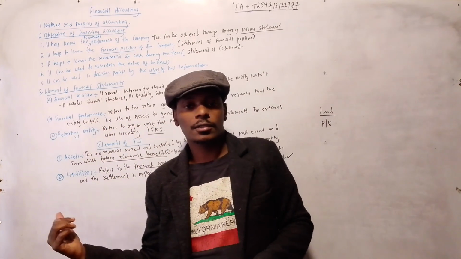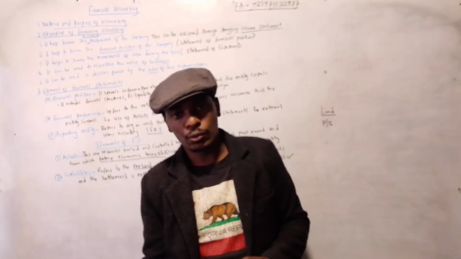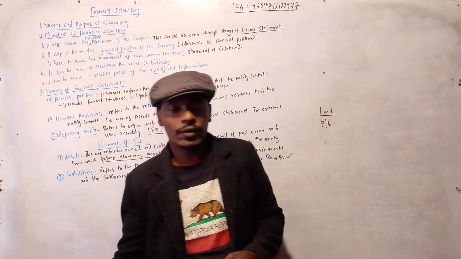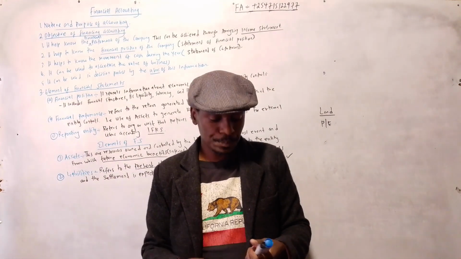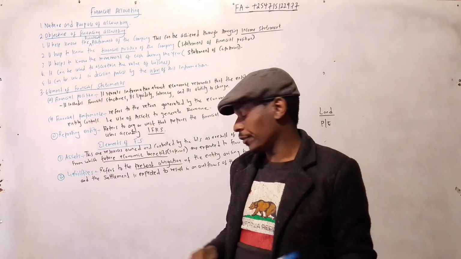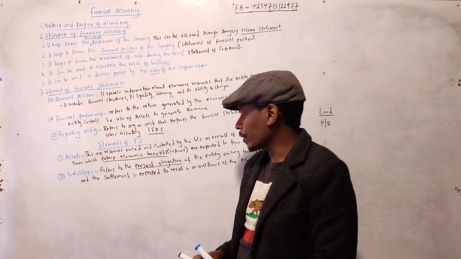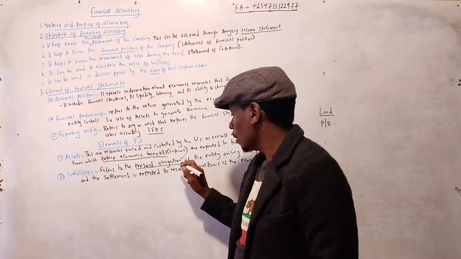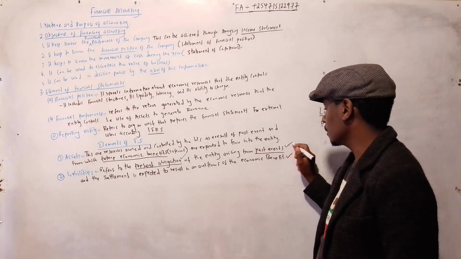For example, yesterday you provided services to someone, but that person did not pay you. So it is a result of a past event, not a future event. We refer to the present obligation of an entity arising from a past event. So it must be from a past event.